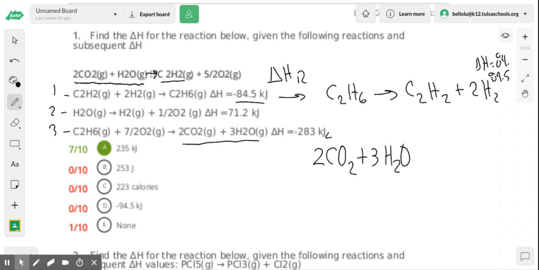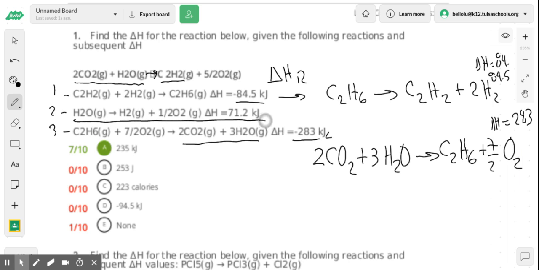So I will flip that reaction too, and as products I will get C2H6 and 7/2 oxygen. So that will be the second one. And I also flip the sign, so the negative 283 will now become positive 283.